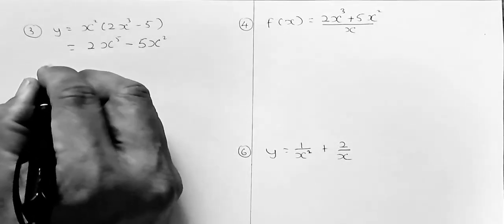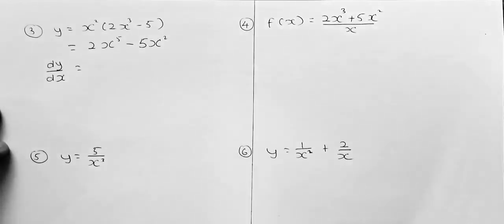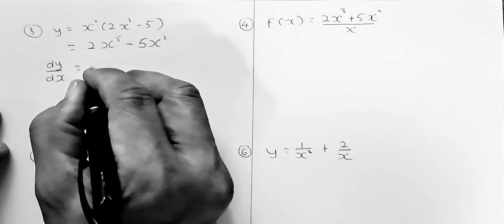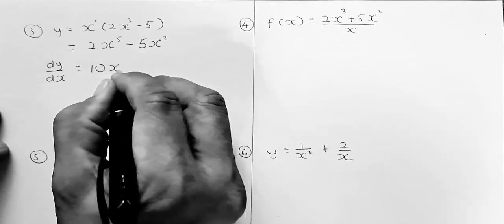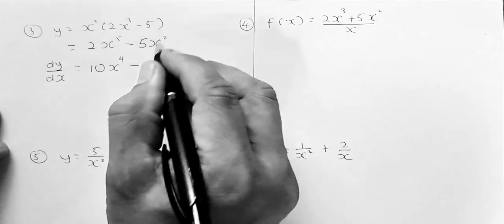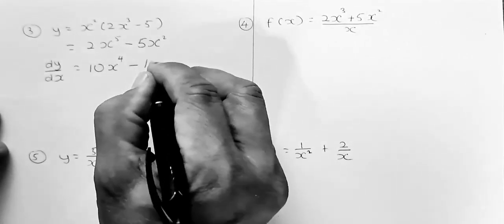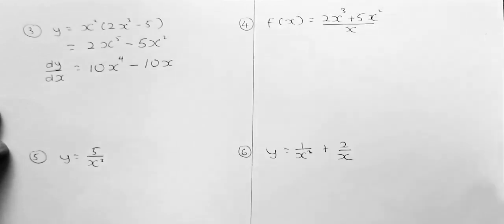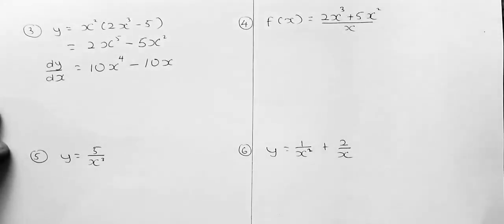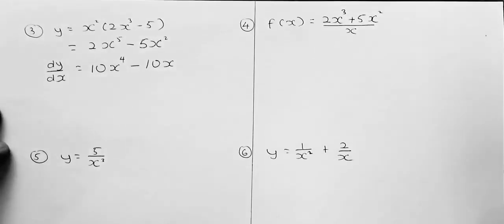When you have a y, you put it as dy/dx. So 5 comes down, 5 times 2 is going to be 10, and the power is reduced by 1, so 10x^4. And the second term, the 2 comes down, 2 times 5 is going to be 10, 10x to the power 1, so you don't have to put a 1, and that is how you differentiate that expression in example 3.